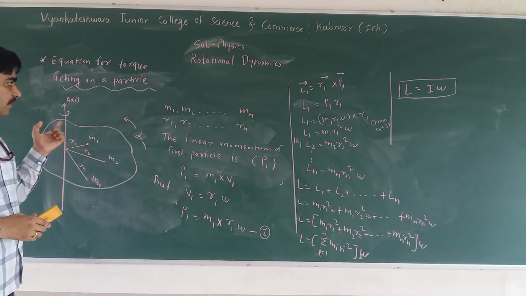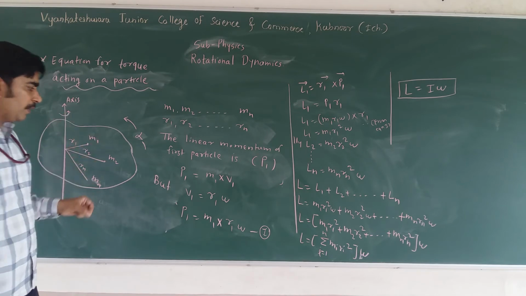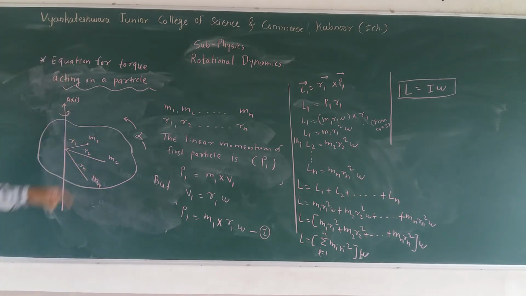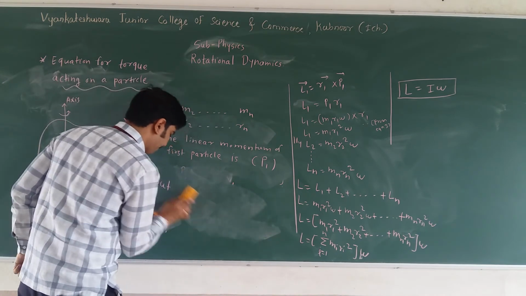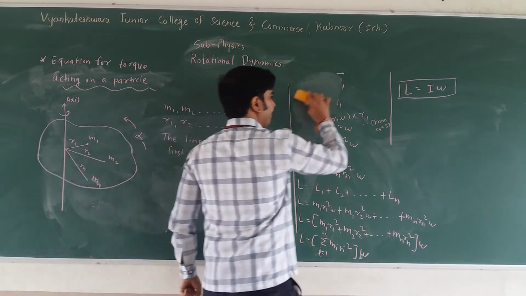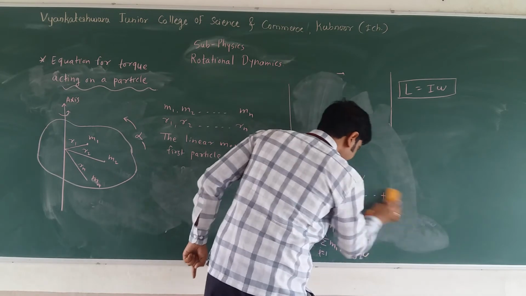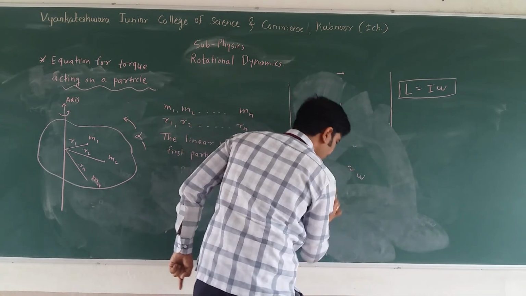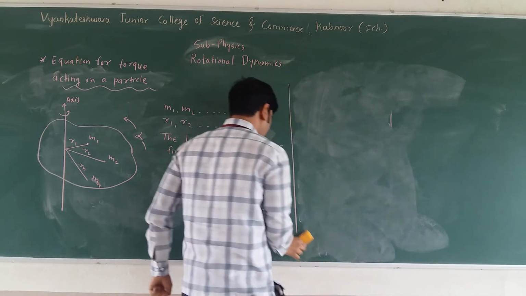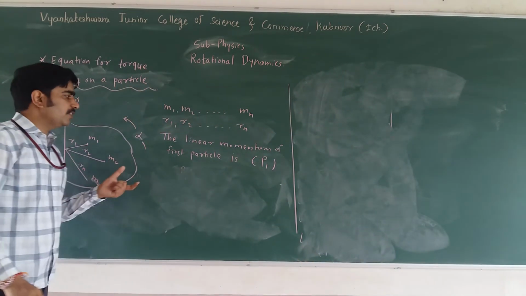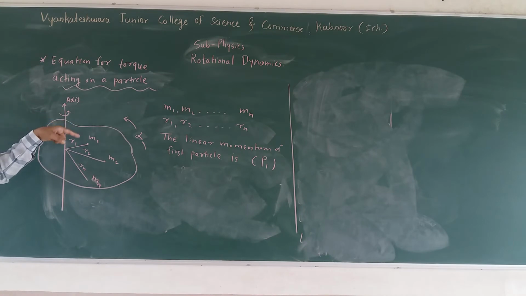So these are the changes. Now we are going to write the equation for torque acting on a particle. So the diagram for this equation is also the same. One small change is there. In the place of omega, we have written alpha. Now we have written the explanation.